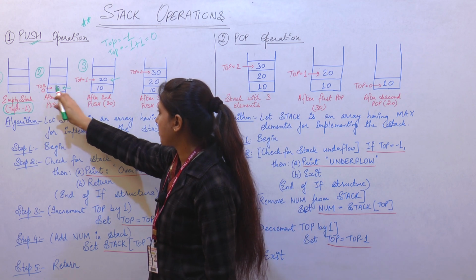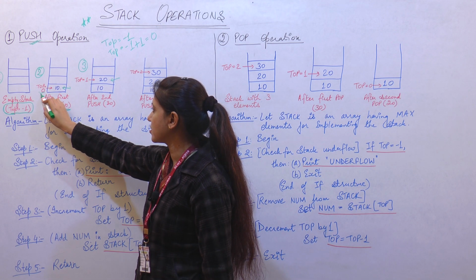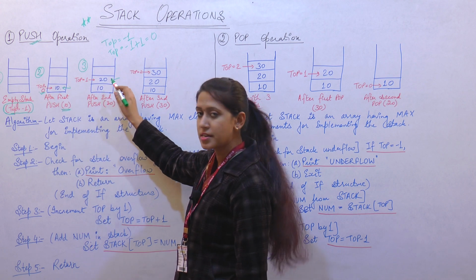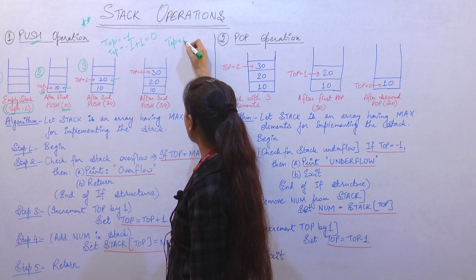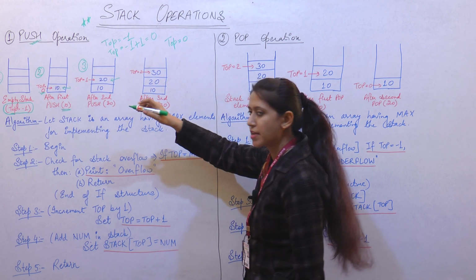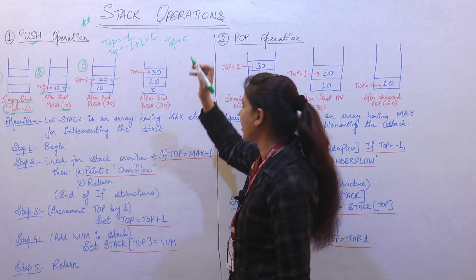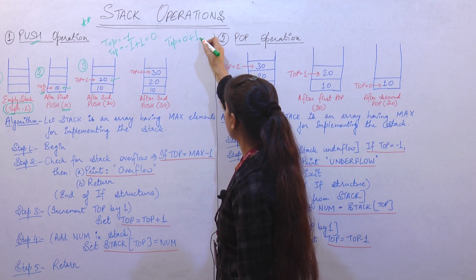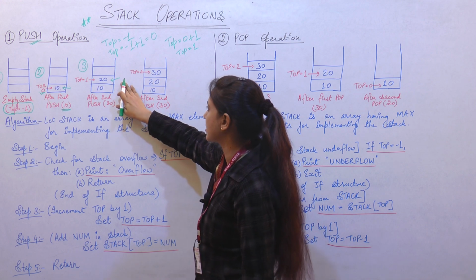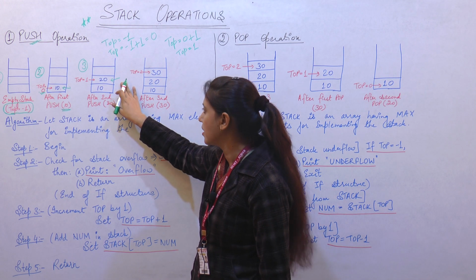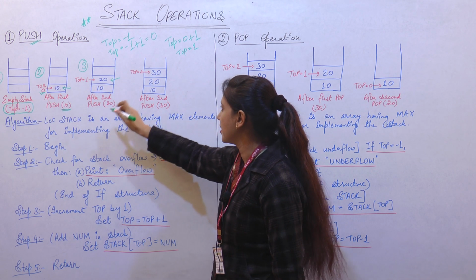In the previous step the value of top was 0. After inserting 20, the value of top will increment by 1, so we add plus 1. Now the value of top will become 1. So after inserting 20 into our stack, the value of top will become 1.